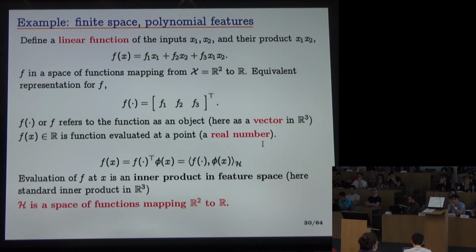Sometimes I'm going to leave out the dot; I'm using it now and then just to remind you that it's a vector of numbers rather than a scalar. So my feature space is three-dimensional, and I'm defining a space of linear functions mapping from x1 and x2, via this feature space, to a scalar, f of x.